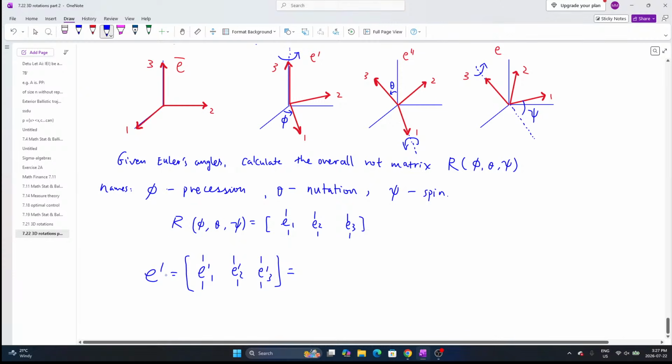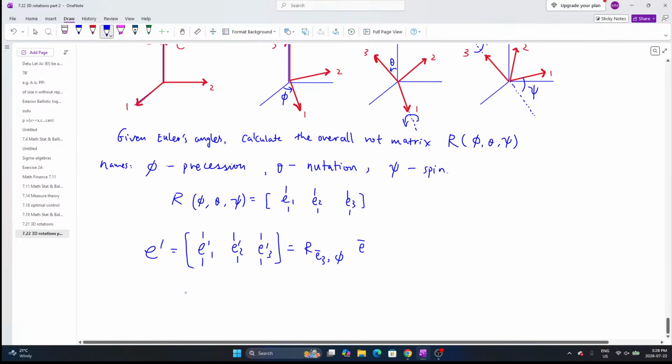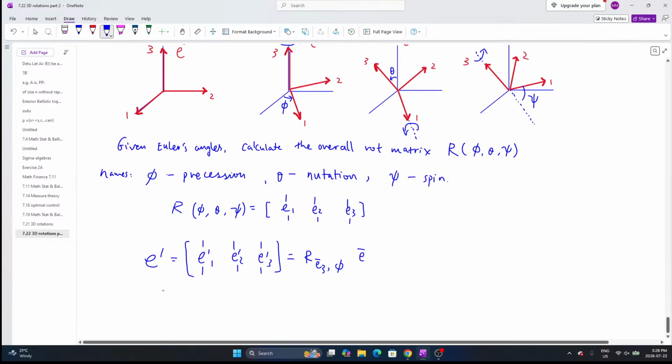I'm saying E prime should be, let's just say this is our rotation matrix with respect to E bar 3, right? E bar 3 phi times E bar. Okay, and then similarly you get E double prime.